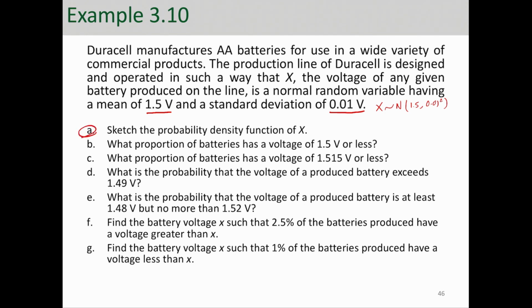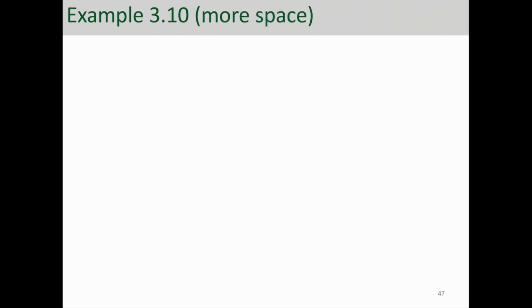Part A, sketch the probability density function of X. Well, we know the information that we need to sketch this probability density function. It's a normal random variable with a mean of 1.5, and it's always good to mark the mu plus 3 sigma limit and the mu minus 3 sigma limit on a normal bell curve so that you know where the limits are.